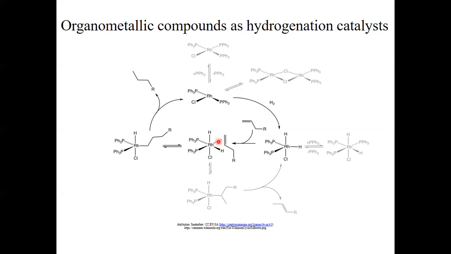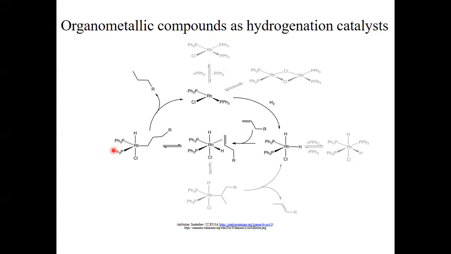So now, in the next step, we transform this complex with the alkene bonded side on, and again you should be able to identify what reaction this is.